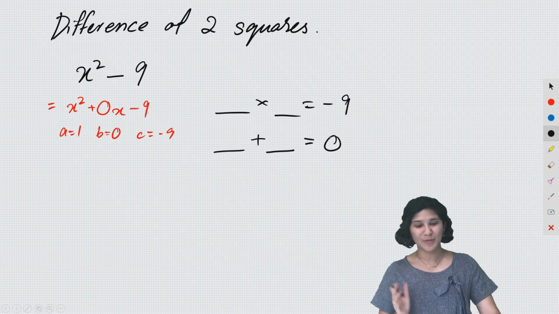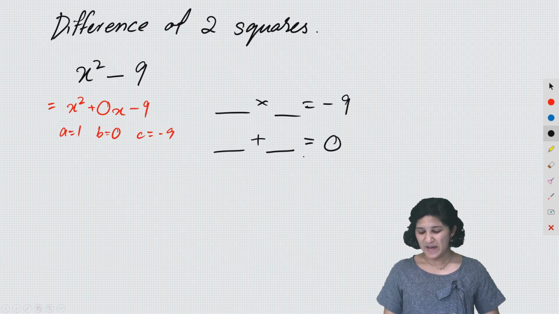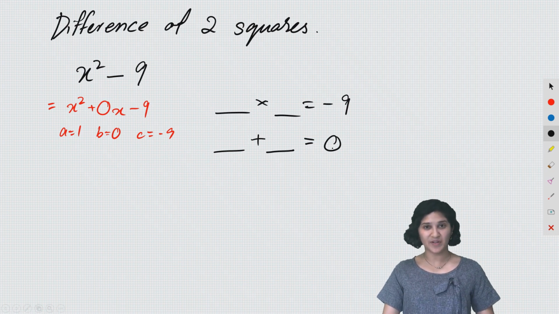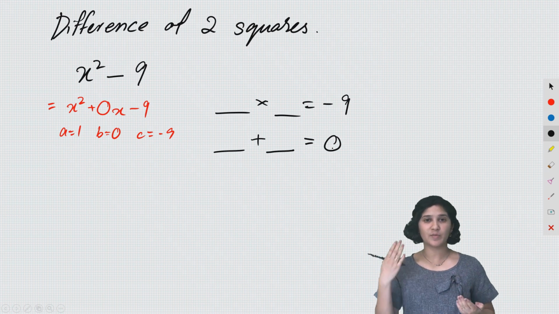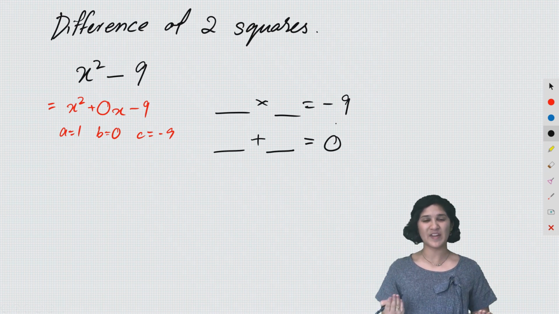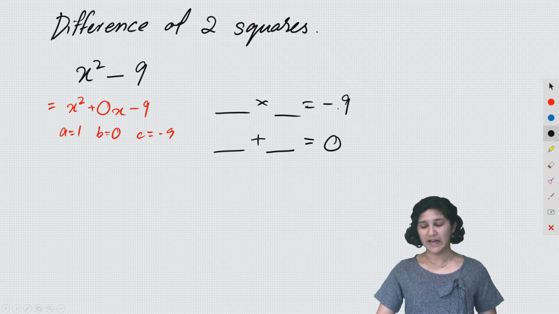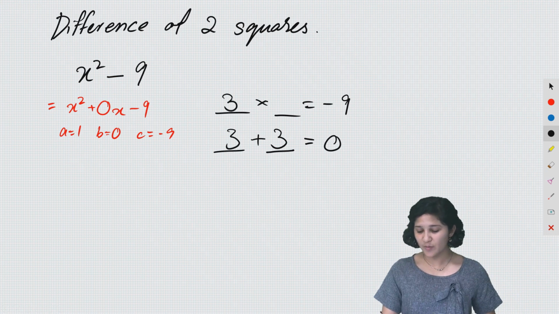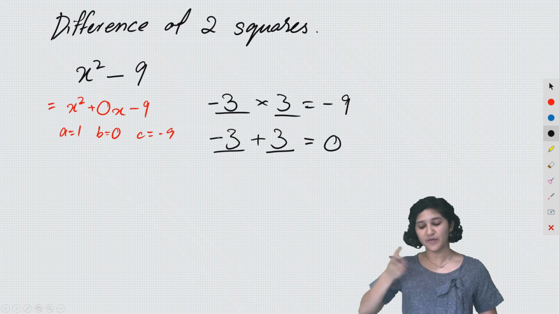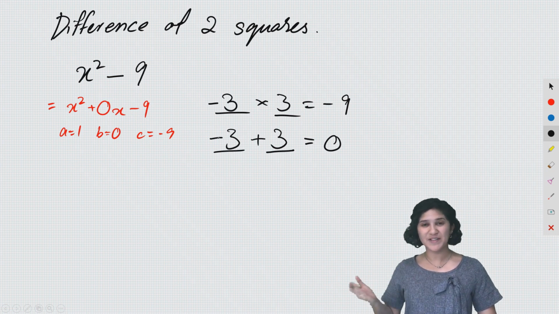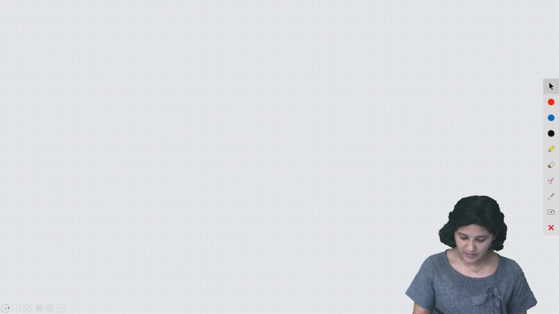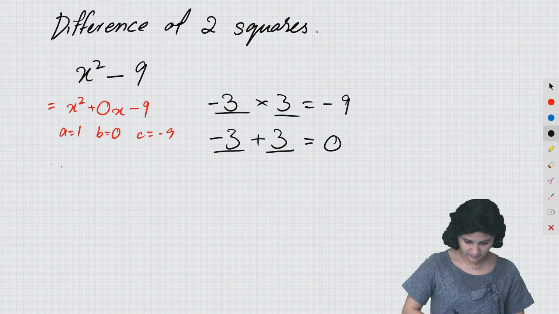So we've never dealt with a 0b before, but which two numbers would multiply to give negative 9 and add to give 0? Well, if you're going to add to give 0, they should be plus and minus the same thing, right? So if they're multiplying to give 9 and they're the same size, then it has to be 3 and 3, and we'll make one of them positive and one of them negative. Okay, negative 3 times 3 is negative 9, negative 3 plus 3 is 0. So I've got my factorization.